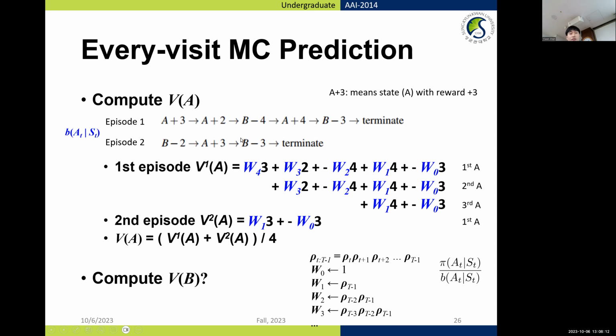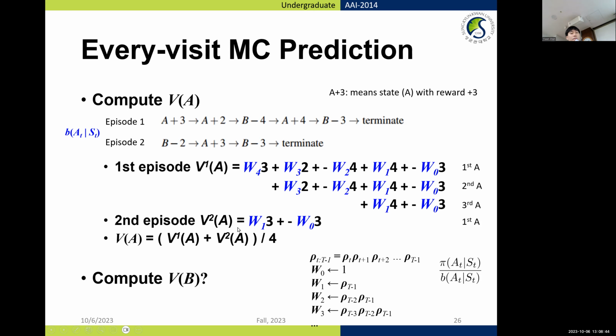The first one will be, similarly, minus W0 3 plus W1 4 plus minus W2 4 until here. And the second one, just the last, because B is the last state before termination, is just minus W0 3.